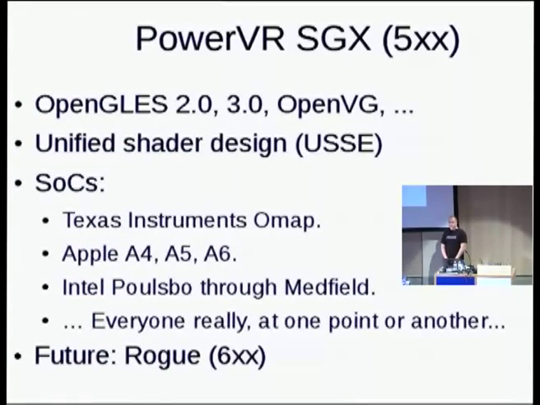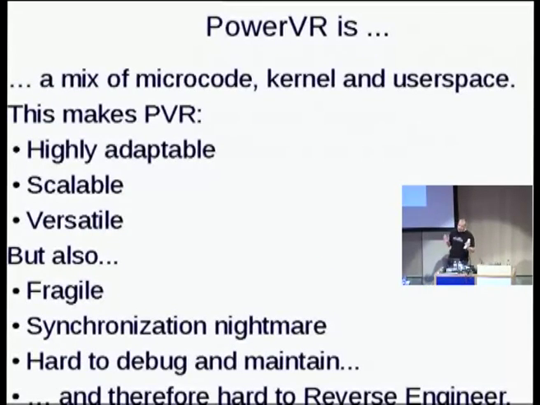These sync objects are just a double word allocated somewhere, allocated through the kernel. If the engine complains, I'm still waiting on this sync object at this address, you never ever know unless you have everything logged up there already where it came from. It is unbelievably hard to debug. So yeah, highly adaptable, highly scalable, very versatile, currently the fastest out there.